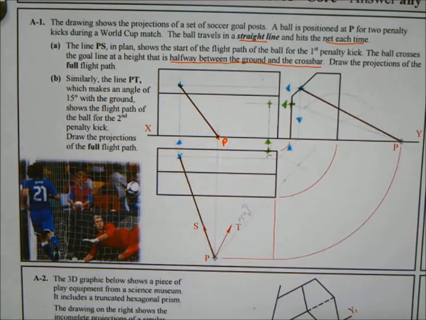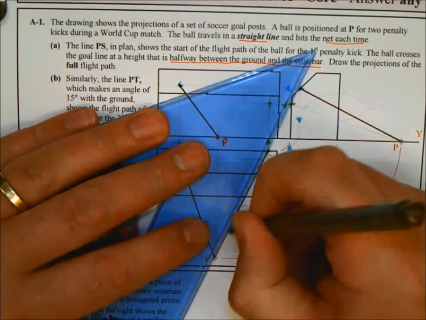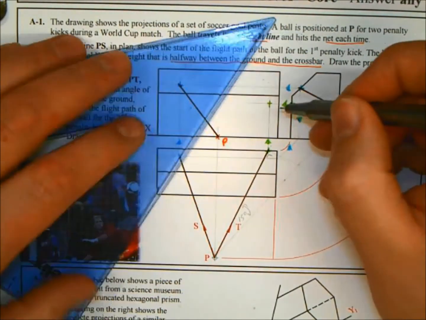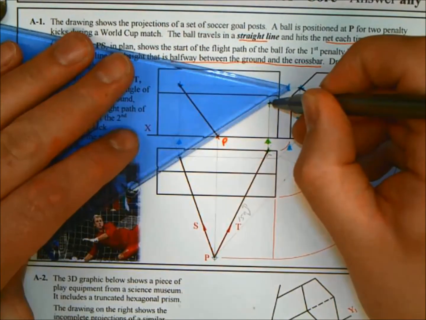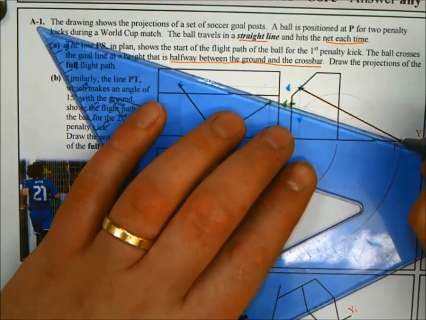Now you can draw in your path. So PT goes all the way back to the back of the net here. It goes from P to this point here that you found from projecting from the two views.